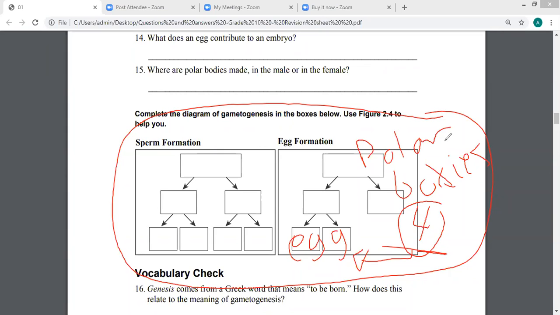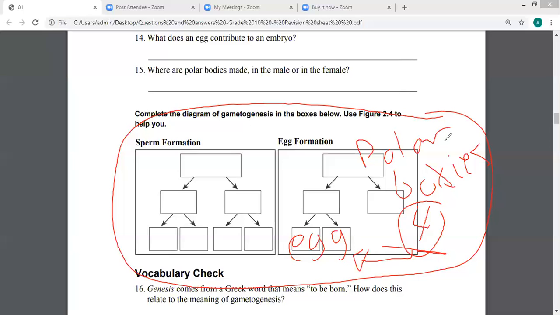Are the germ cells formed by meiosis or mitosis? I don't know. Sperm and eggs are germ cells. They're produced by meiosis, I think.